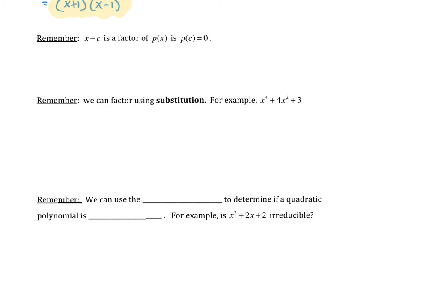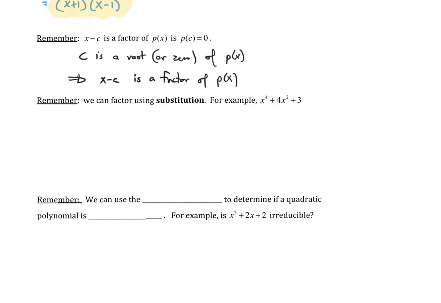Another way of saying this is that c is a root, or a 0, of p of x. Another way of saying that is that x minus c is a factor of p of x.